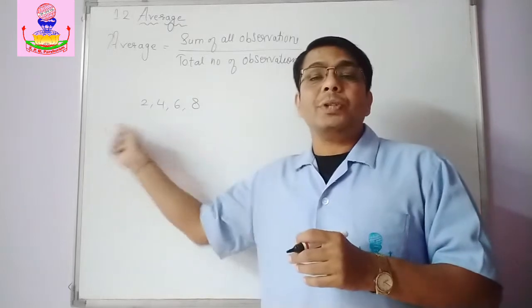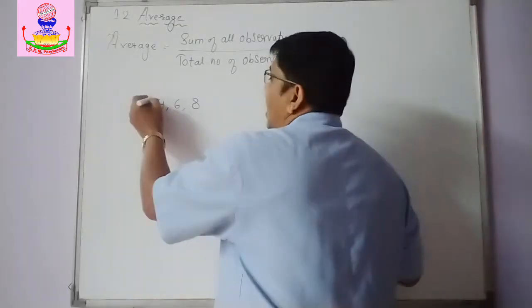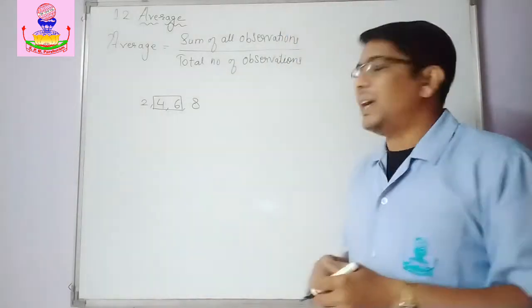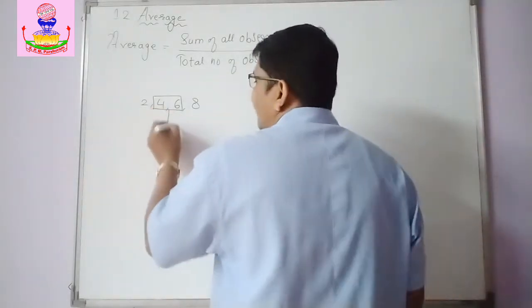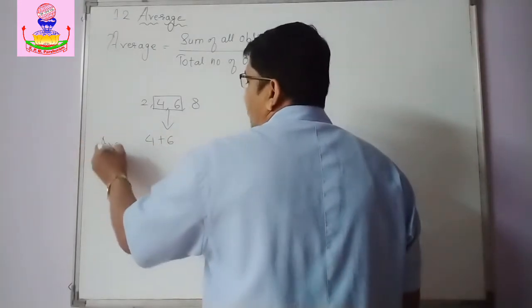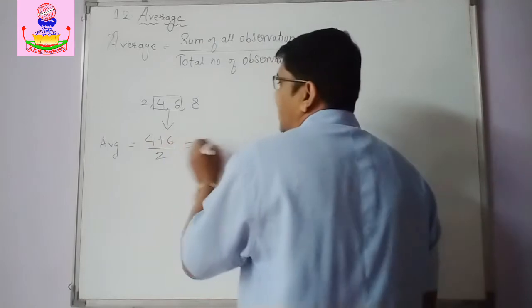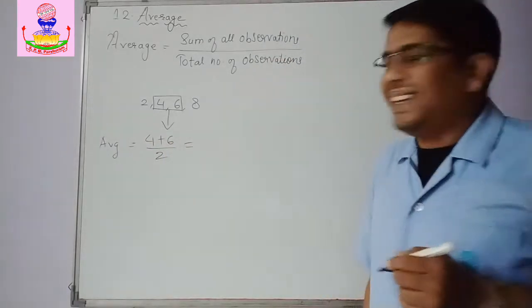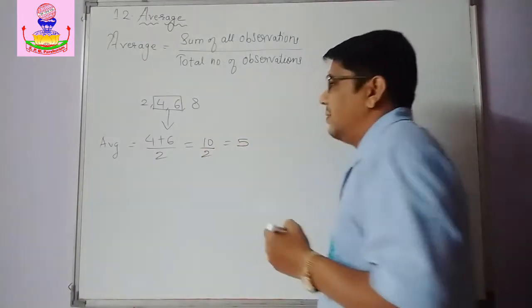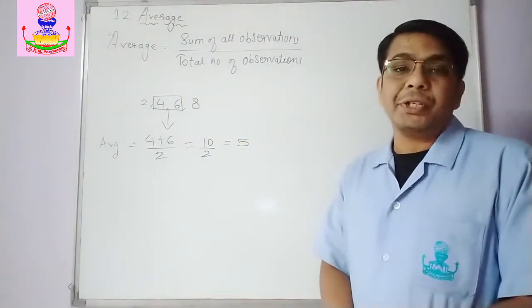So here the average of all these observations is the average of the middle two numbers. So average is equivalent to 4 plus 6 divided by 2. That is 10 upon 2. That is 5. So 5 is the average here.